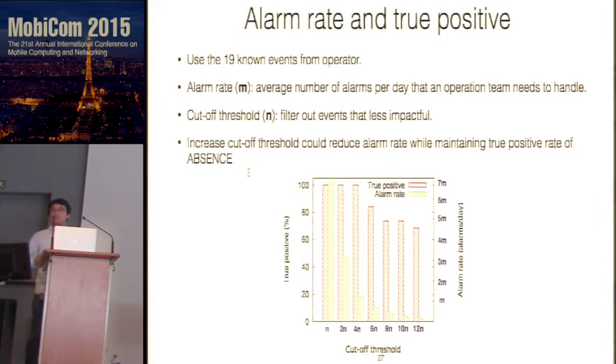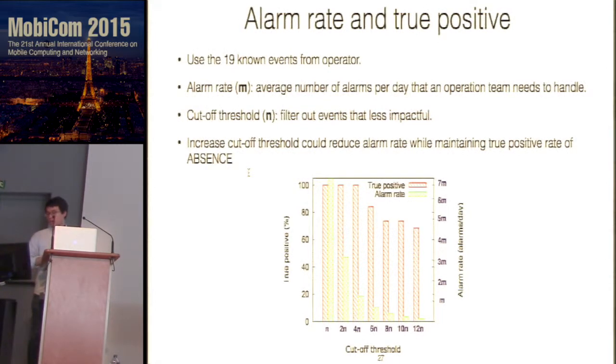So in Epson we can use a cut-off threshold to filter out small events that are less impactful and only reveal large events to the operation team.